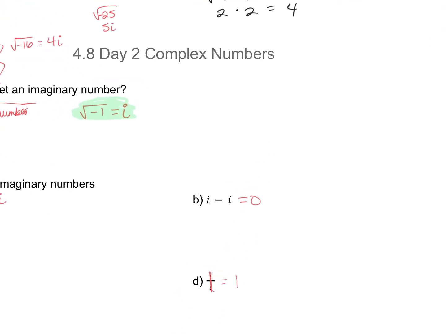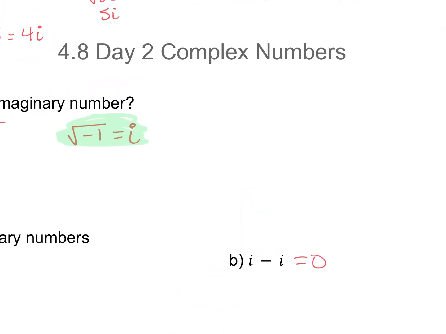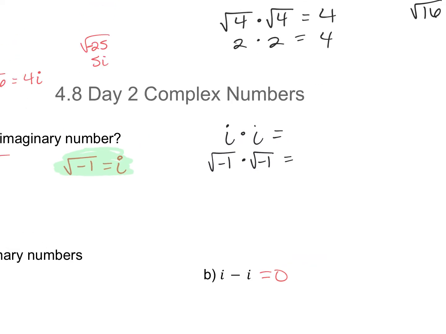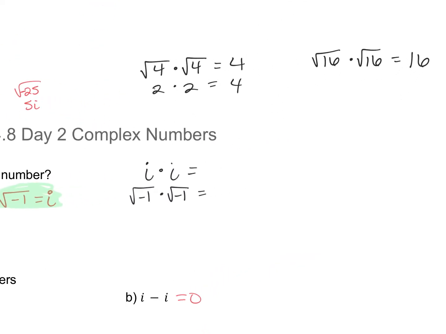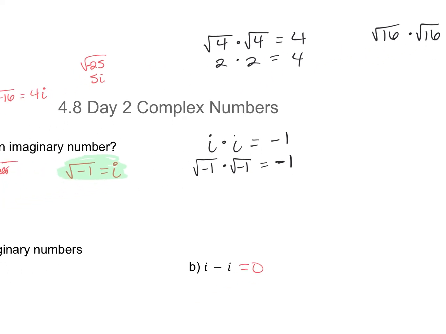So let's see. Remember, square root of negative 1 is i. So what would i times i be? Well, that would be like the square root of negative 1 times the square root of negative 1, which based off of what we did up here is negative 1. Okay, so this is something you need to have memorized with i's.